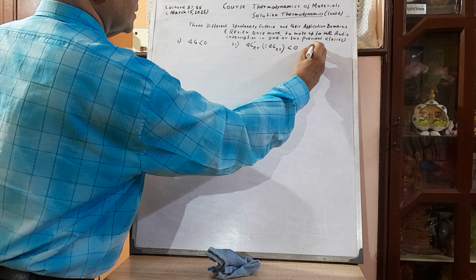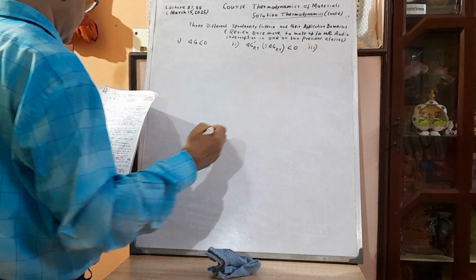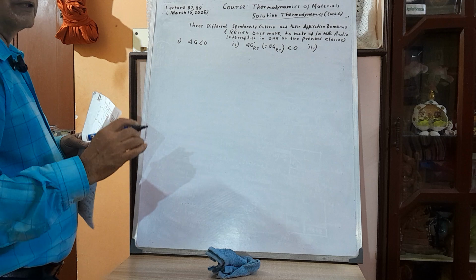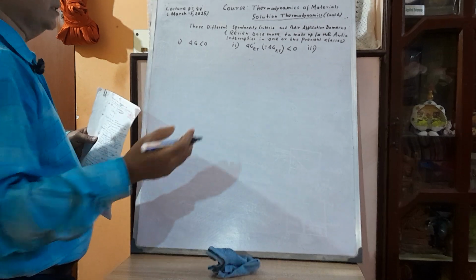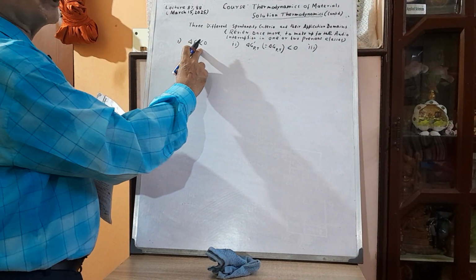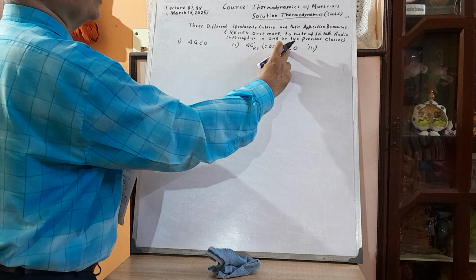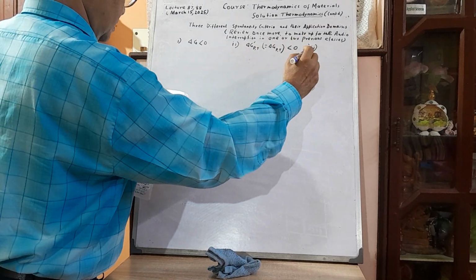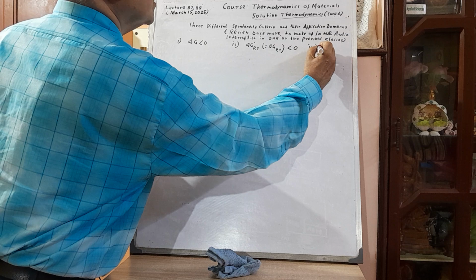Third is what? Remember, spontaneity only, not equilibrium or impossibility. If it is equilibrium, it will be 0 also. For equilibrium it is 0. Here also 0 is equilibrium. This is spontaneity only. Third is delta S universe greater than 0.